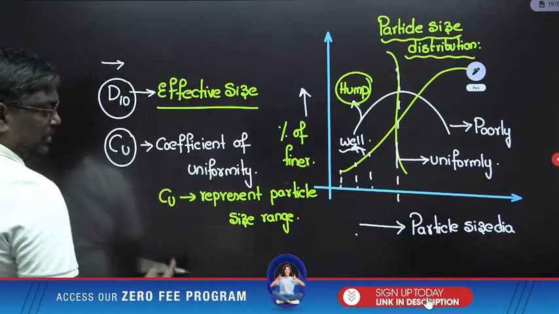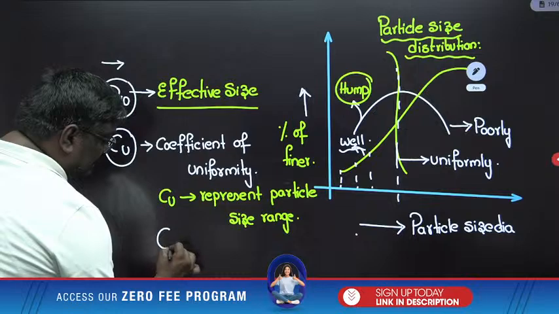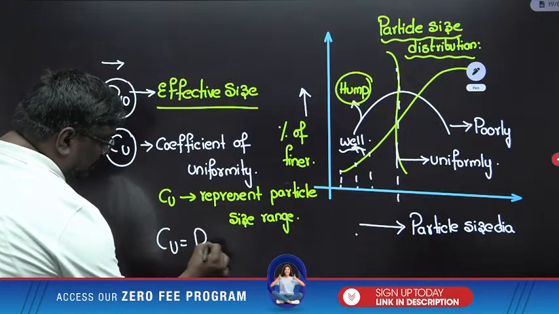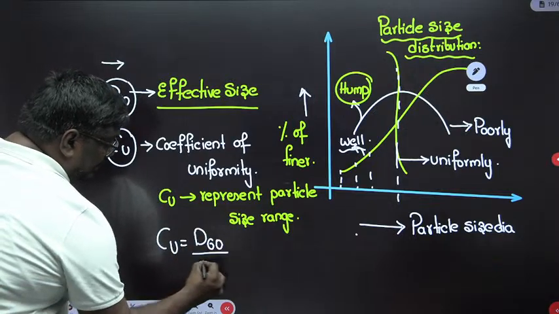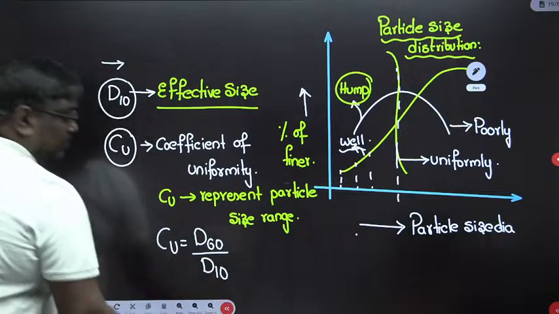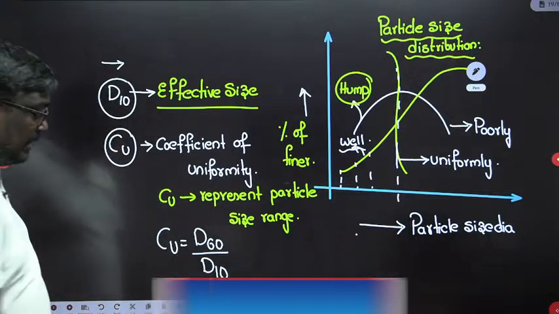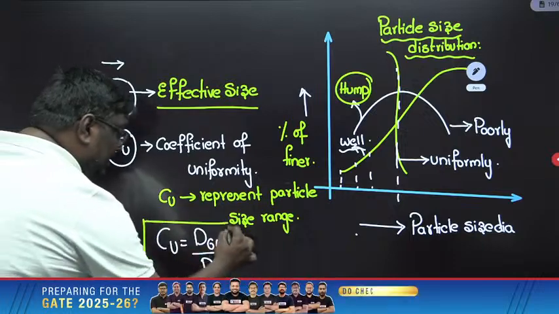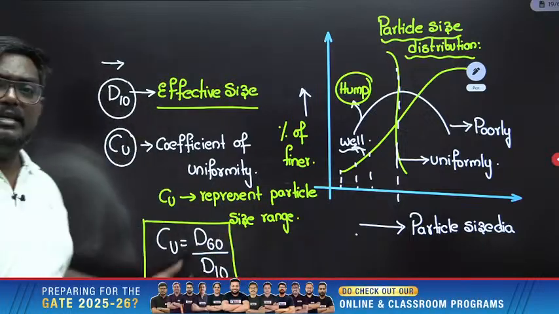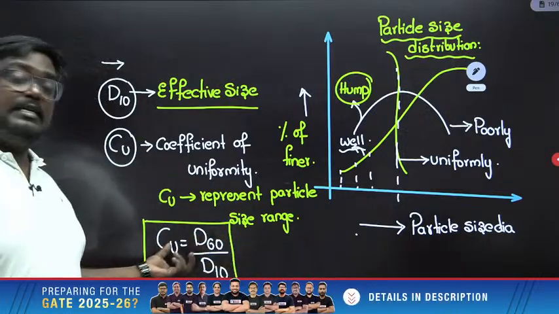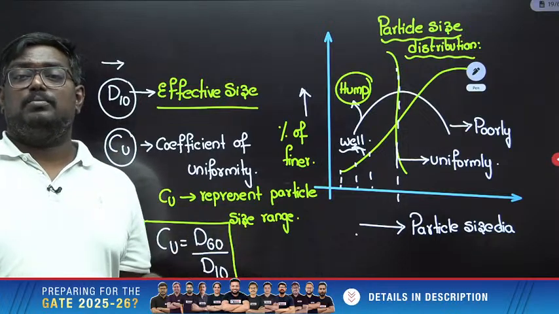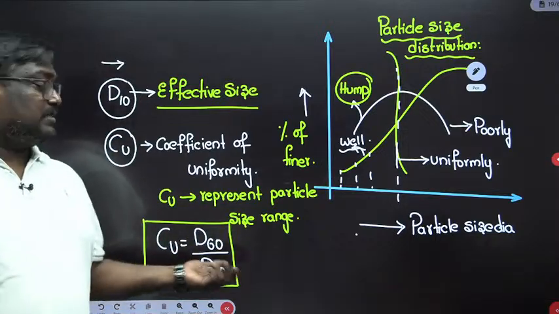Similarly, CU is given by the formula D60 upon D10. Here D60 is 60% passing and D10 means 10% passing.